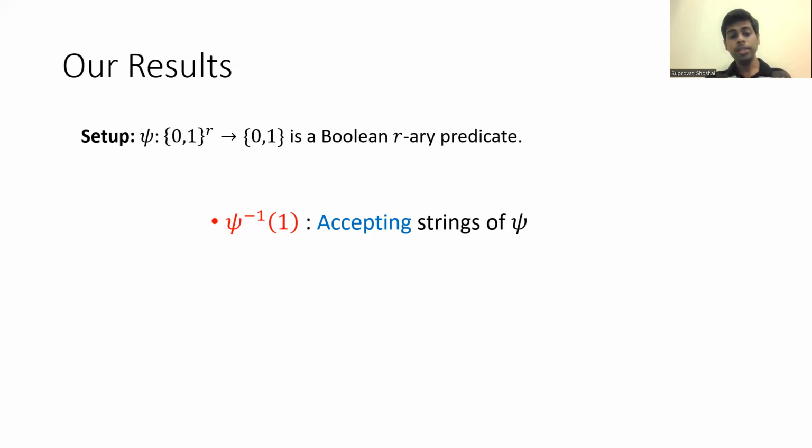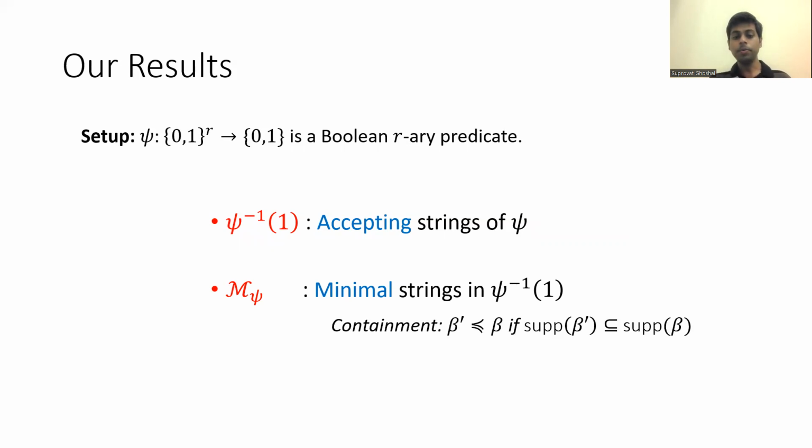Now, given this, we want to define a set of minimal accepting strings in the set of accepting strings. So how does this minimality come about? Let's think of the following partial ordering between Boolean strings.